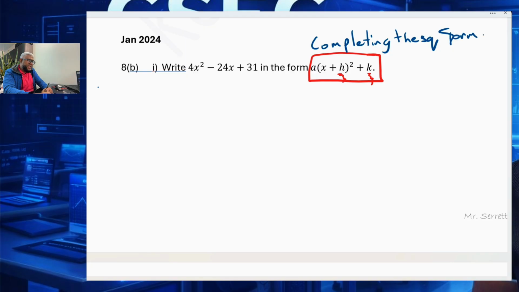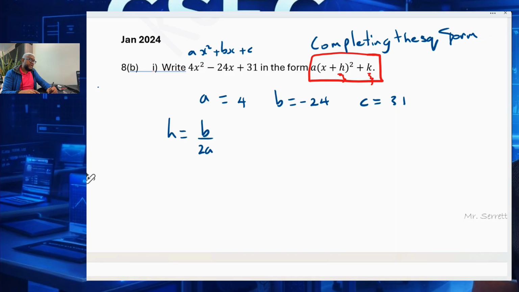So we go in. a is equal to 4 because this quadratic is of the form ax squared plus bx plus c, right? a is equal to 4, b is equal to -24, c is equal to 31, right? Everybody good there? h is equal to b over 2a, k is equal to 4ac minus b squared over 4a.